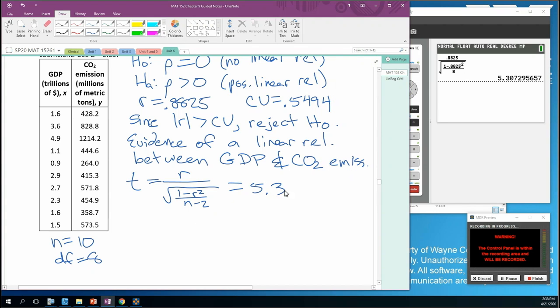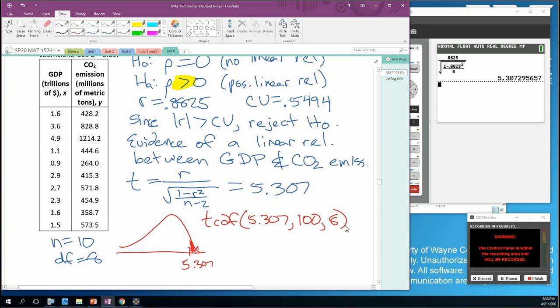Now, since the alternative hypothesis was greater than, this is a right-tailed test. So we'll do TCDF from 5.307 to a big number with 8 degrees of freedom. Now remember, it's always got to be that.